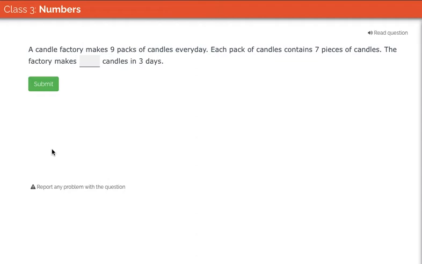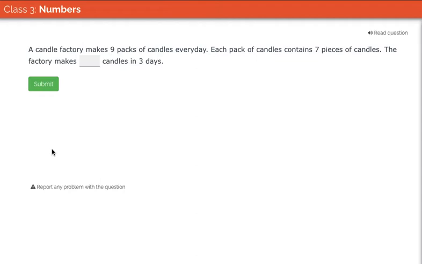A candle factory makes 9 packs of candies every day. Each pack of candy contains 7 pieces of candy. The factory makes how many candies in 3 days? So let's find out first how many candies they make in one day.